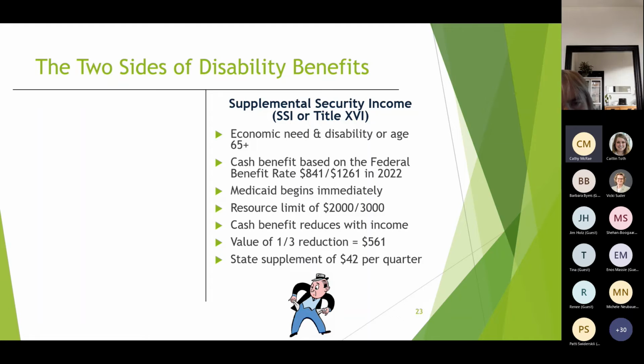If the person receiving SSI is living in the home of someone else, for example, a parent, and they are not paying their fair share of the housing costs and the food costs, they will have their benefit reduced by 1/3. This is called the VTR reduction. And so this year that would take them down to $561 per month.